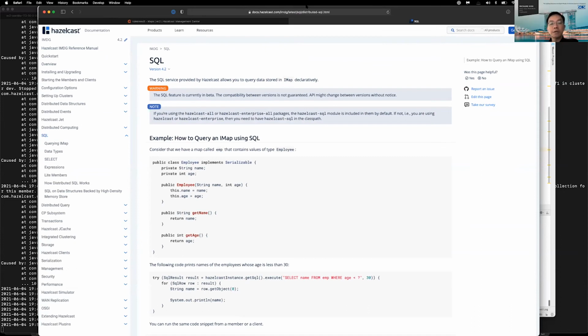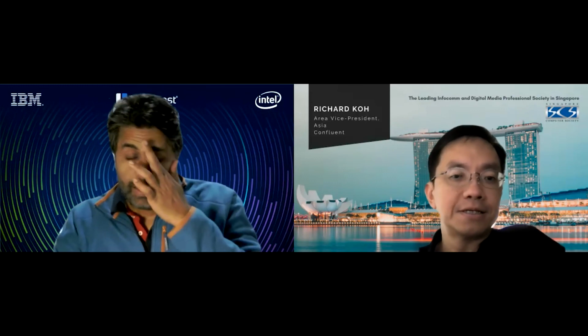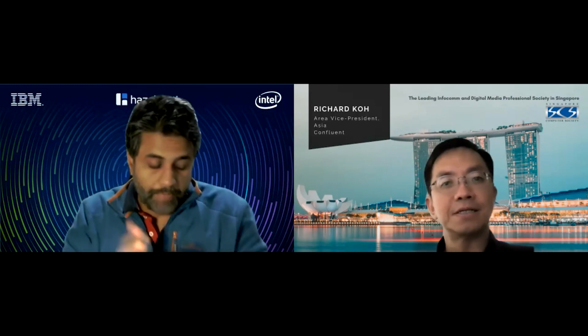Okay, cool. We have a question from Ji Sing. Ji Sing is asking, what are the differences between Hazelcast and Apache Ignite? Many, but the most important difference is performance.